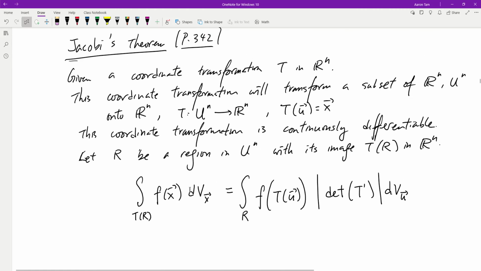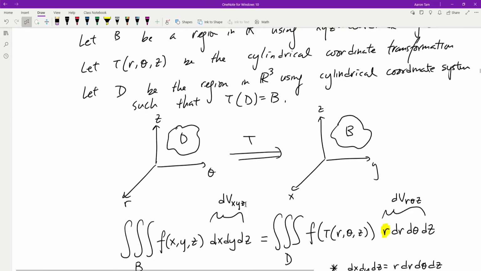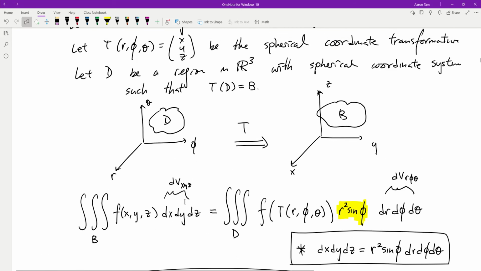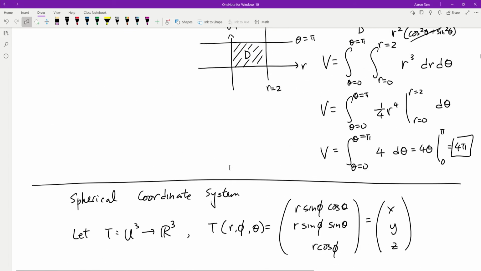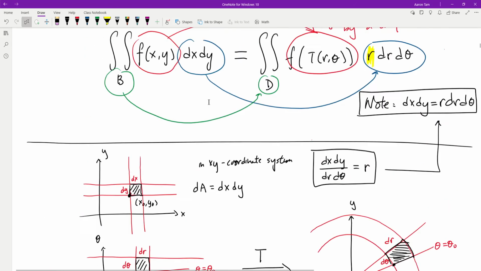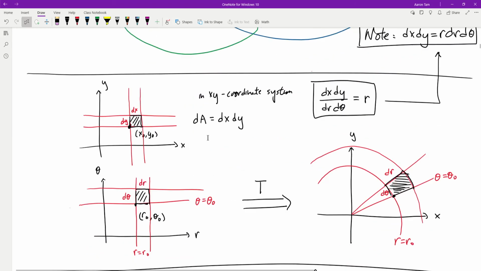And dV in vector x is basically just dx dy dz, or dx dy in the case of polar. Okay, so that's what dV of vector x is.